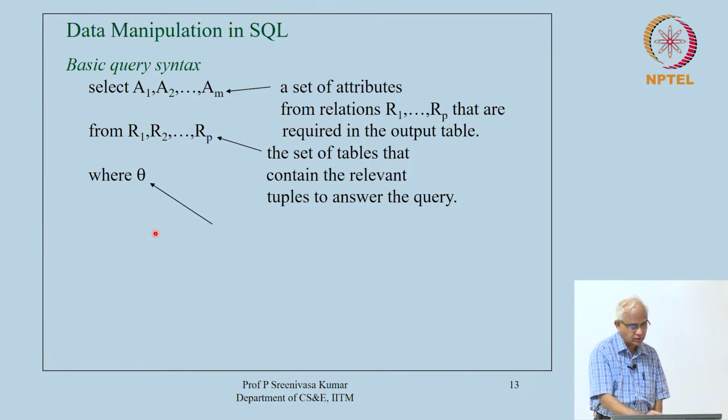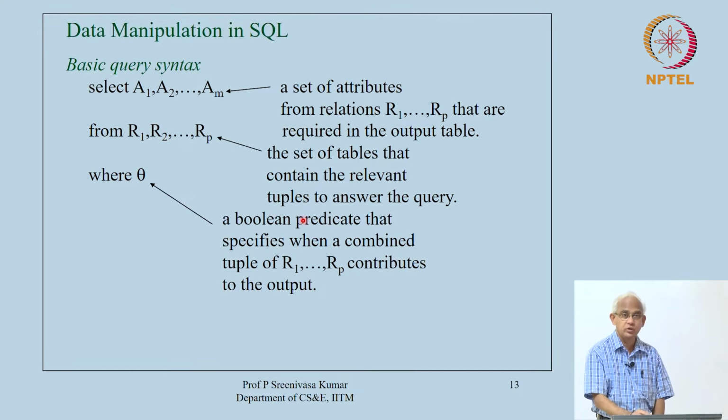The where condition theta is a Boolean predicate that specifies when a combined tuple of R1 through Rp contributes to the output. We will see exactly how the combination works out.